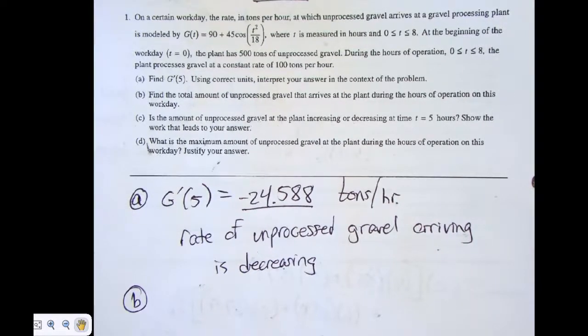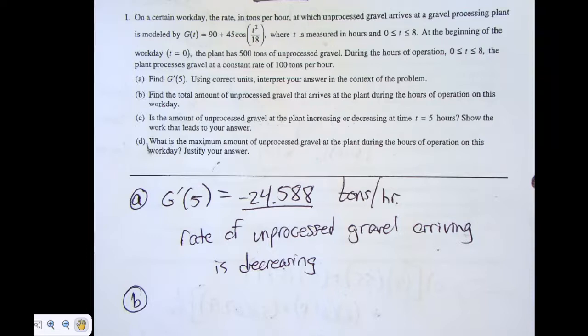Okay, so the general idea behind this problem is you've got 500 tons of unprocessed gravel sitting there. This is an amount, not a rate.